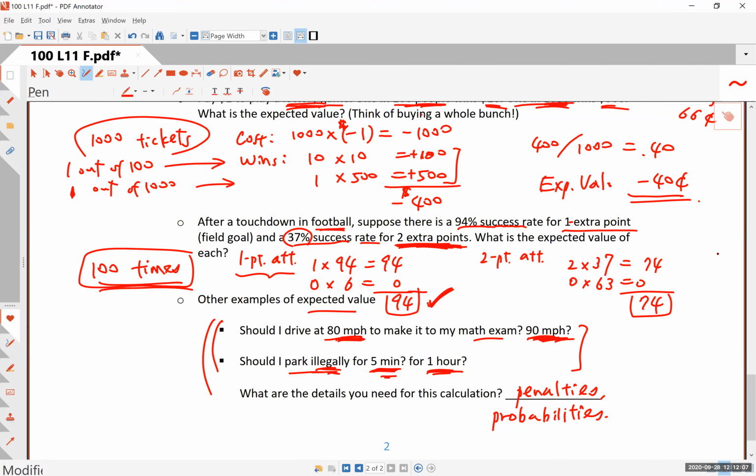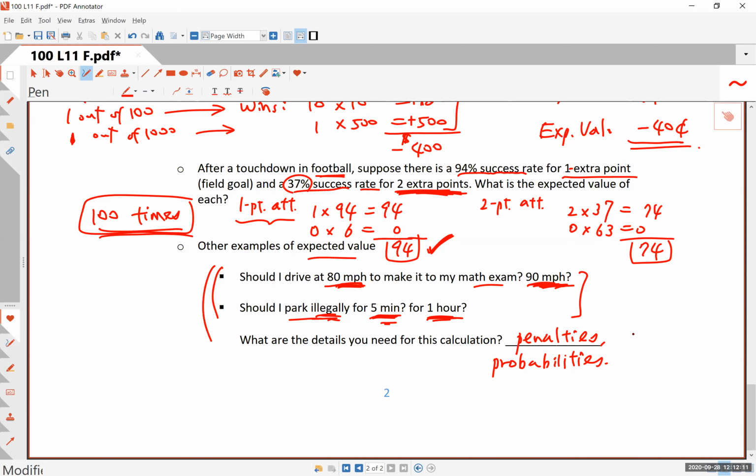But like I said, we calculate risks and we live accordingly. So the idea of expected value is very, very common. In fact, we implicitly calculate the expected value for pretty much every action we take. All right, so that is how important the idea of expected value is.